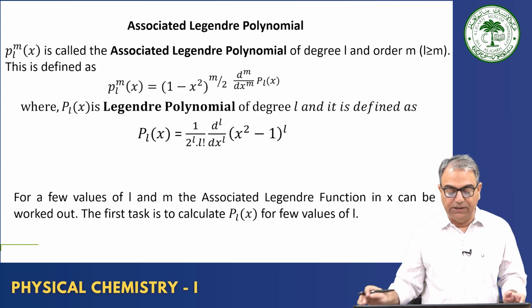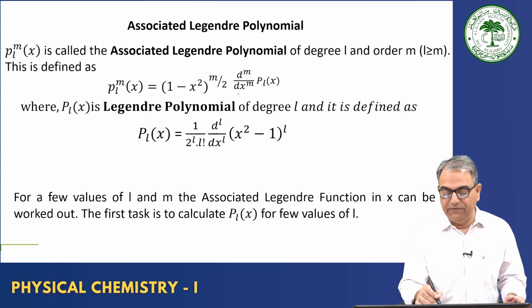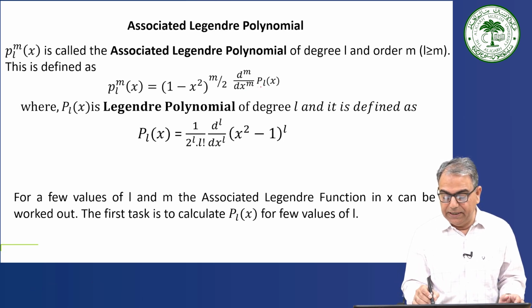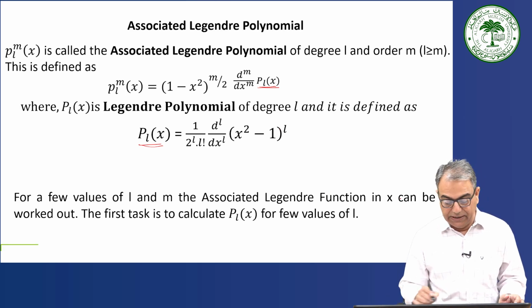The generating function, which I have written earlier also, is (1 minus x squared) to the power m divided by 2, d^m by dx^m of PL(x), where the Legendre polynomial PL(x) is written as 1 by 2^L L factorial, d^L by dx^L of (x squared minus 1)^L.